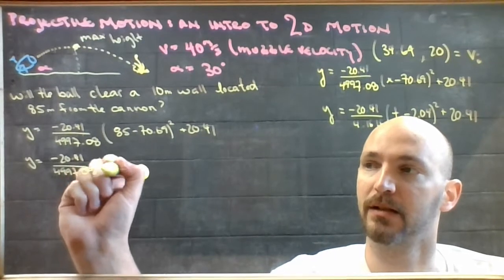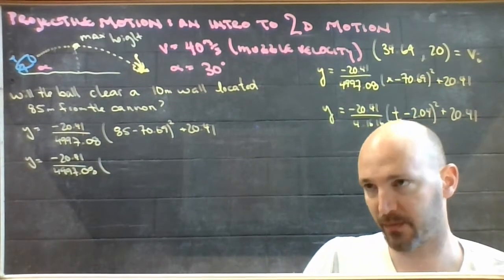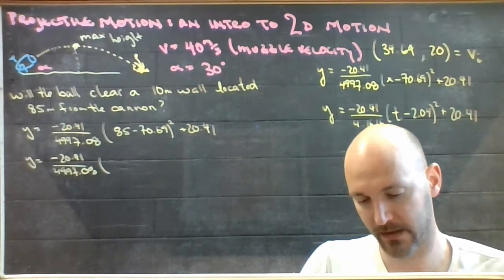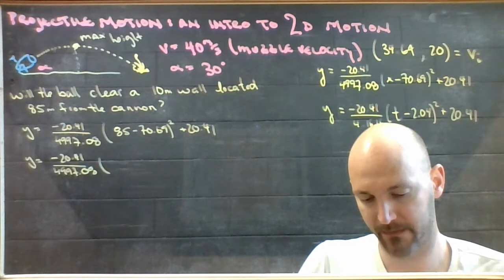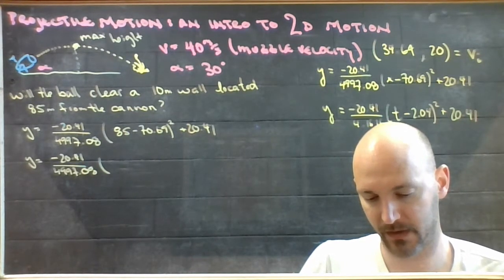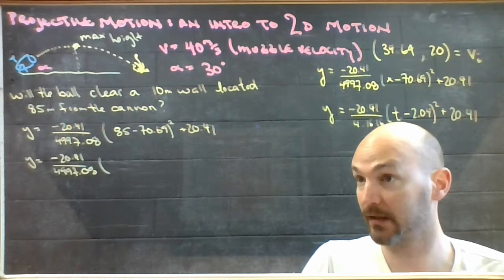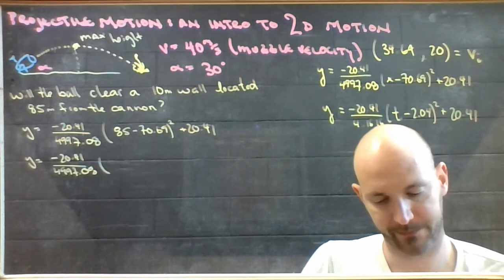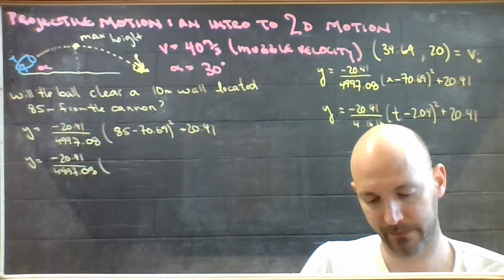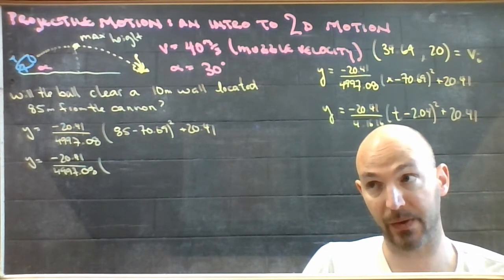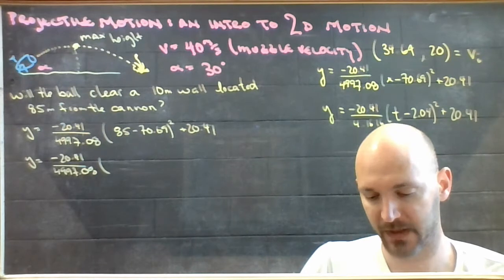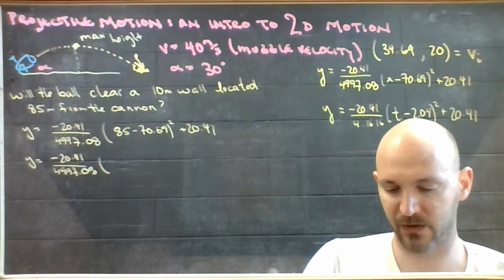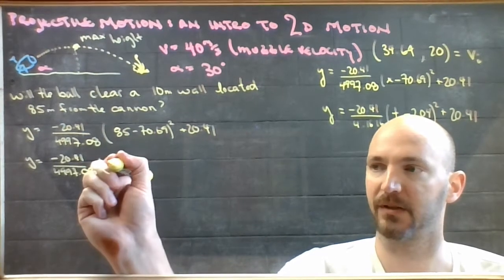Okay, well, this is just an exercise in BEDMAS, so negative 20.41 over 4997.08 times 85 minus 70.69. 85 subtract 70.69 gives me 14.31. 14.31 squared is 204.7761.